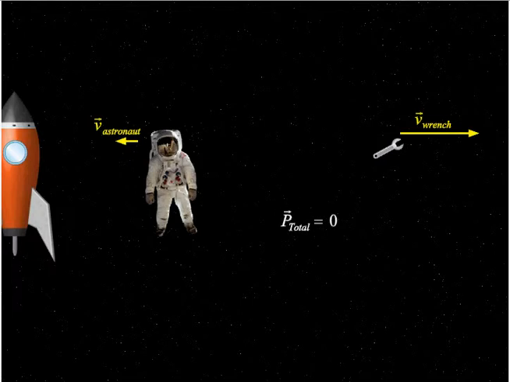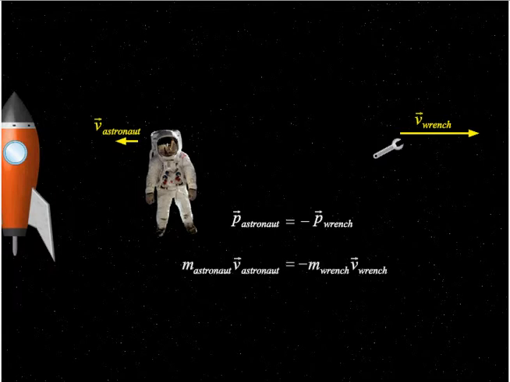The total momentum of the system has two contributions, one from the astronaut and one from the wrench, and the vector sum of these is zero. We see that in order for the total momentum to be zero, the astronaut must move in the opposite direction of the wrench with a speed fixed by the ratio of the masses as shown.